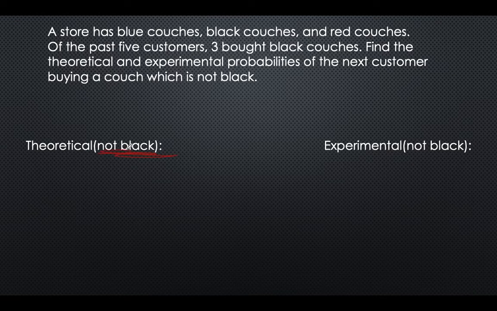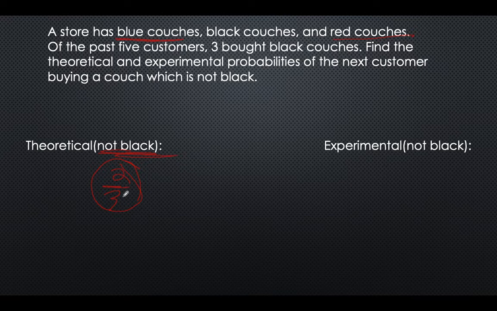Now they don't tell us how many couches, but there's 3 different colors. There's 3 total colors. And how many different colors aren't black? Well, you have blue and you have red. So there's 2 events where the couch is not black, and there's 3 total colors. So the theoretical probability of the next customer not getting a black couch is 2/3.